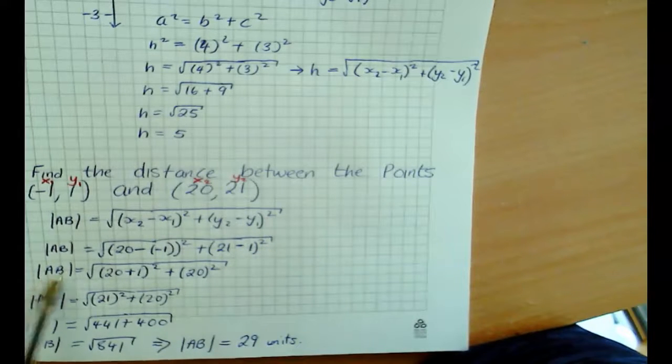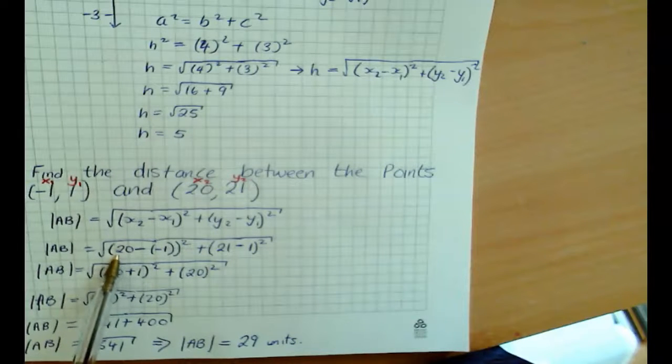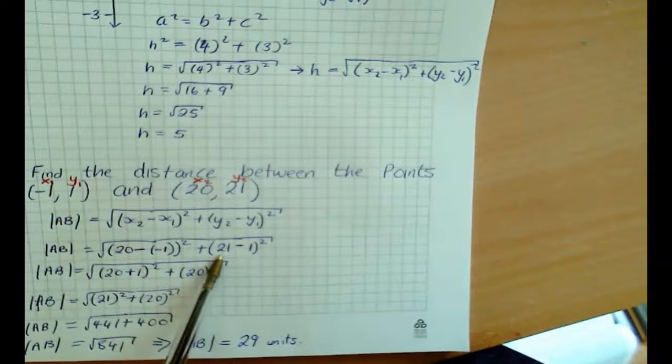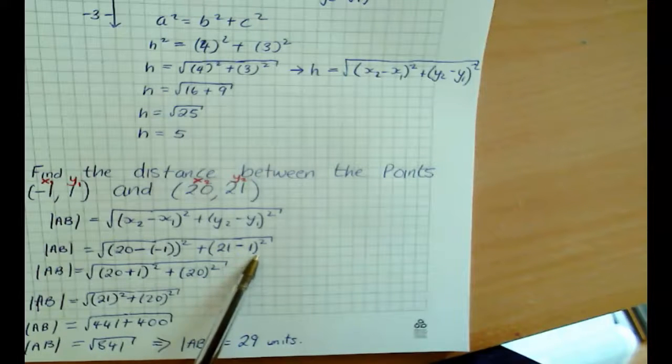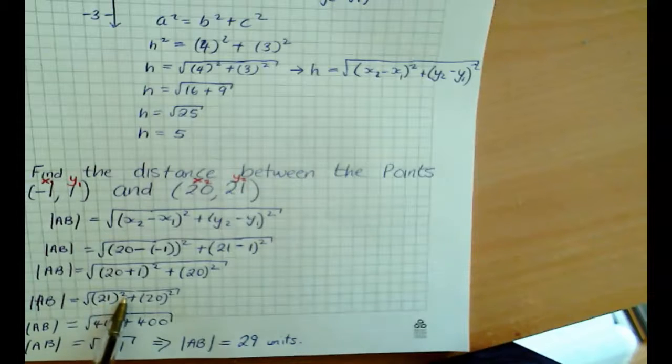So AB then is equal to 20 minus minus is a plus 1, all to be squared, plus 21 minus 1 is 20, and it says to square it. So AB then is equal to the square root of 20 plus 1 is 21 to be squared, plus 20 to be squared.